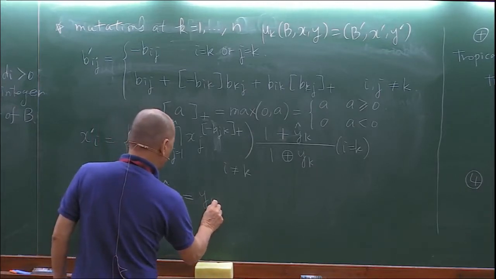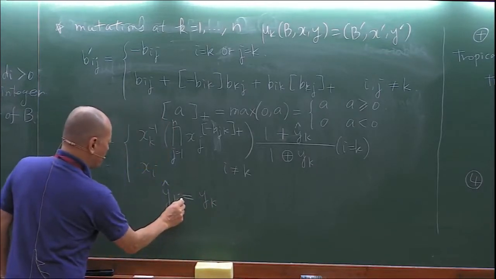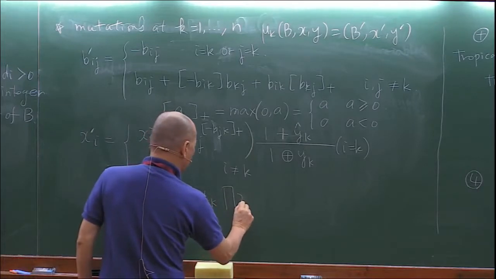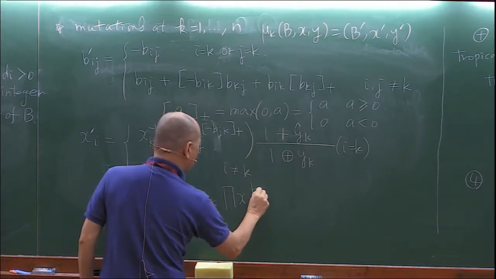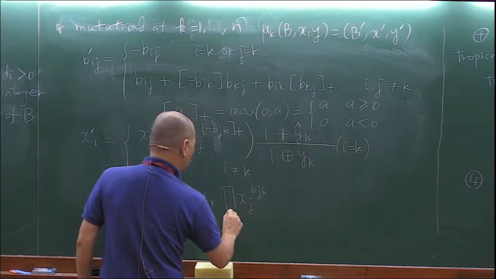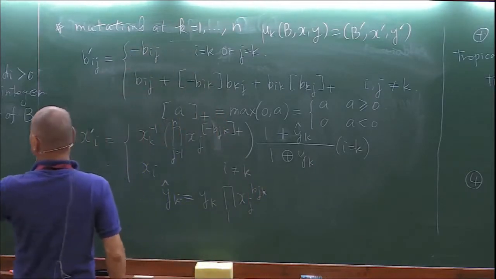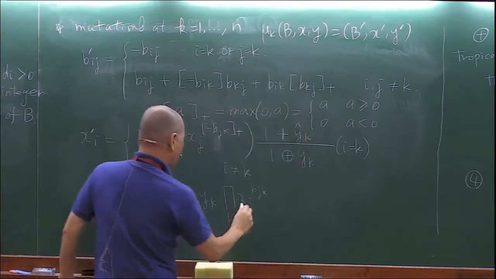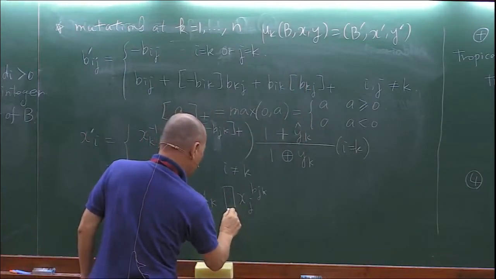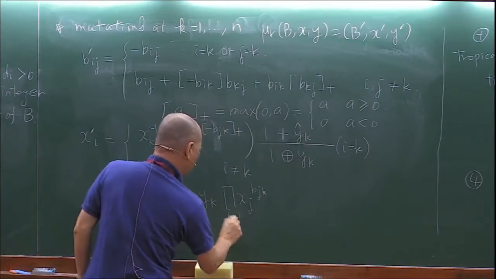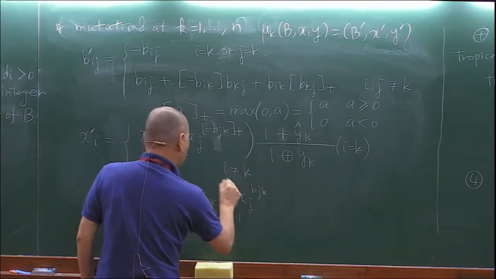It is called the y hat variable. It is defined by y_k times the following combination, where B is this matrix, the left-hand side, and we take the product like this.